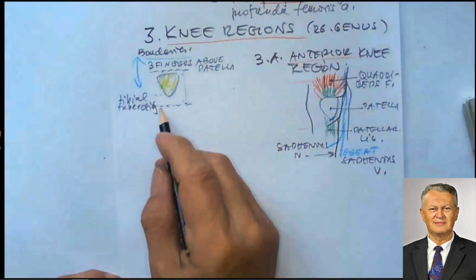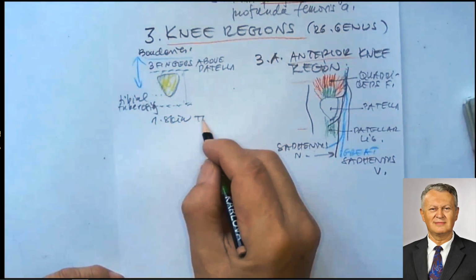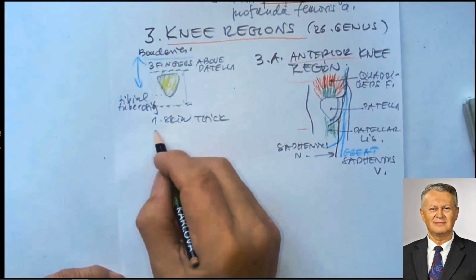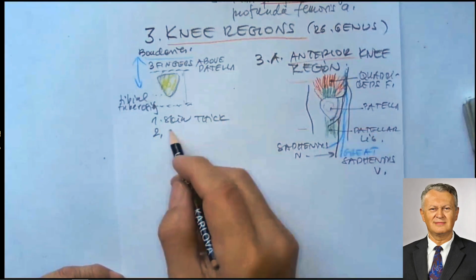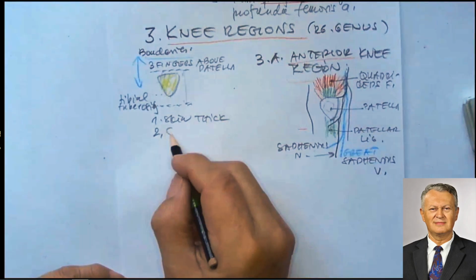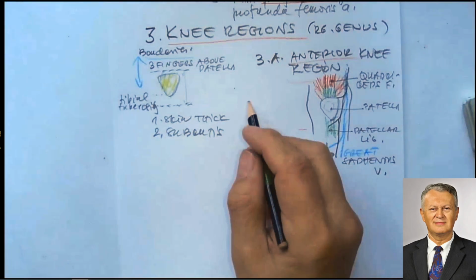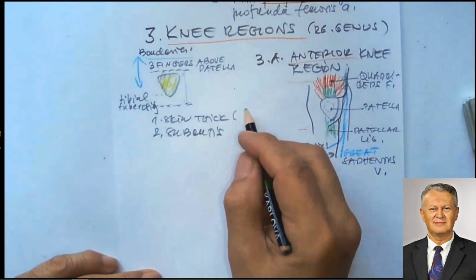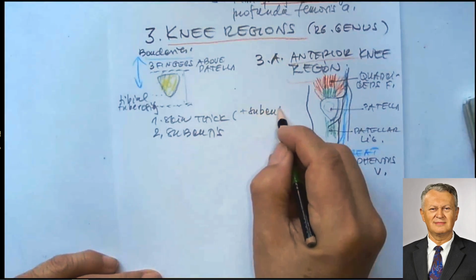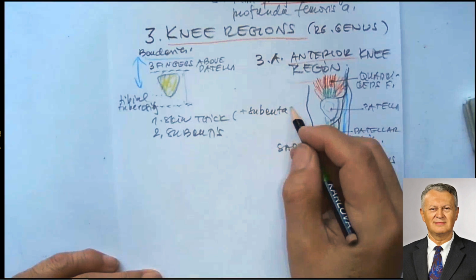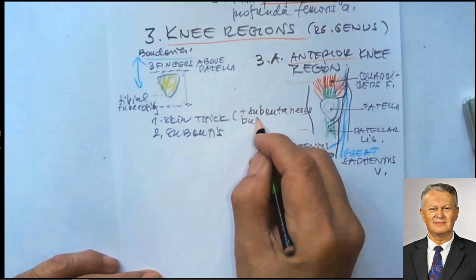So in the knee region anteriorly, the skin is relatively thick. You can palpate it on your knee area. There could be some bursae. We would say subcutis, and usually there could also be a subcutaneous bursa.